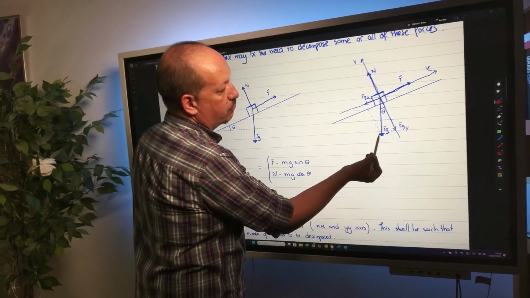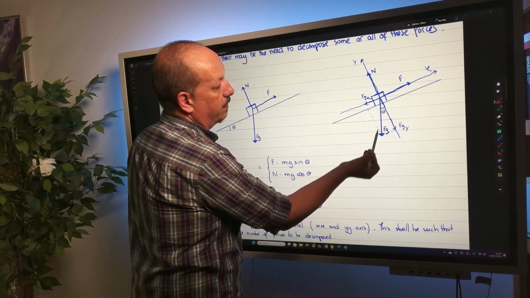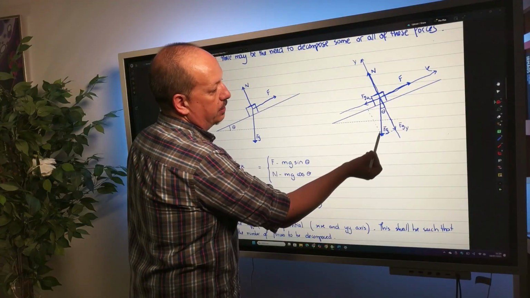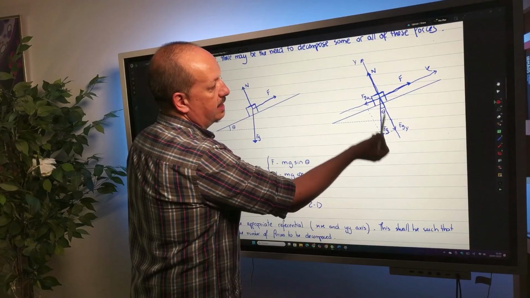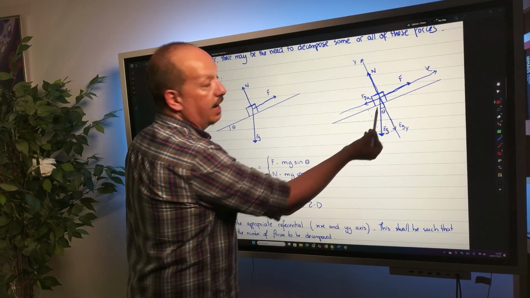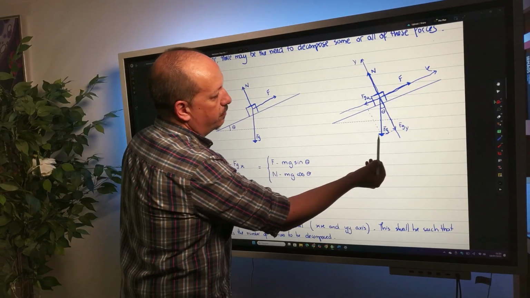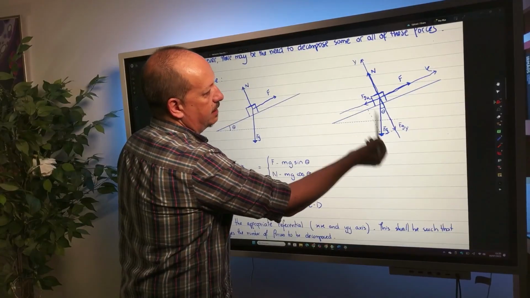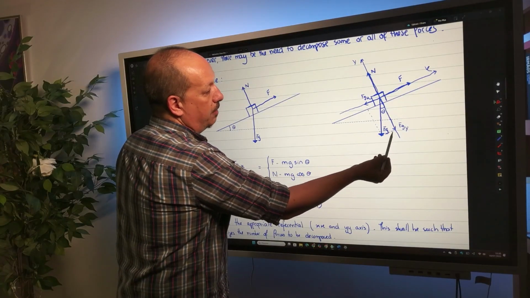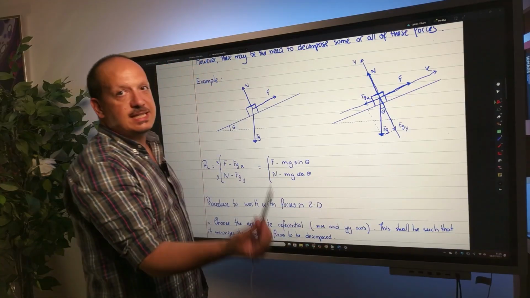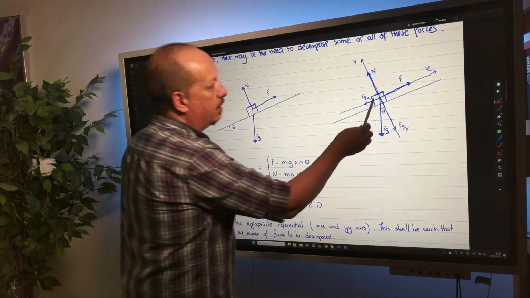Now look at this right triangle. This is the hypotenuse. This over here is the adjacent side to this angle. And this over here, which is that, is the opposite side to this angle. So opposite side uses the sine, remember lesson 0.